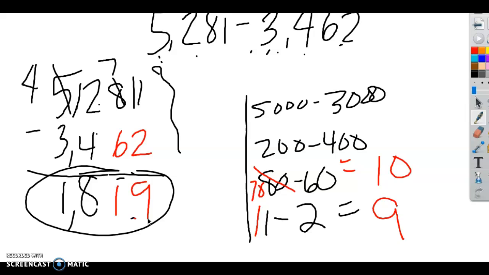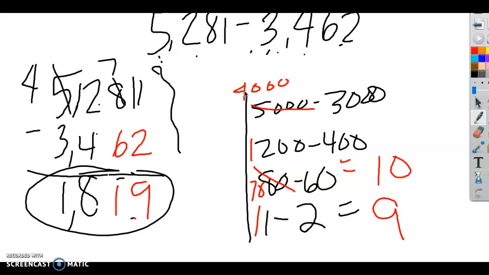All right, and then can I do 200 minus 400? Of course I can. So I go to the thousands, right? So I'm taking 1,000 away because these are thousands, and I'm adding 1,000 there. So if I take 1,000 away, now I have 4,000.